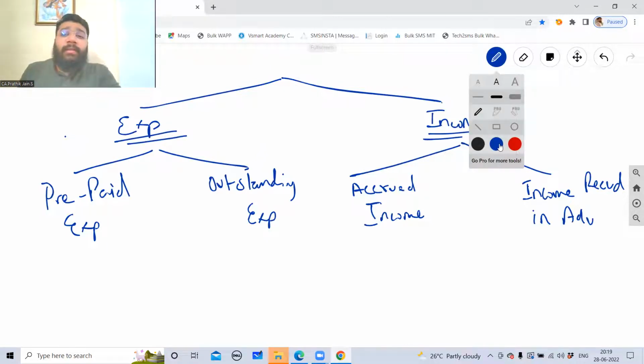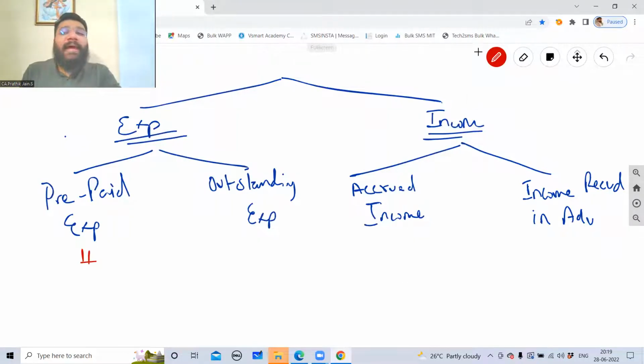At the moment you look at this, would you say that prepaid is an expense? No, this is not an expense. The nature of this is in the form of either asset or liability, because this is not a pure expense. With expense and income, if you have a prefix attached in the form of prepaid, outstanding, accrued, or received in advance, then the nature becomes either asset or liability.